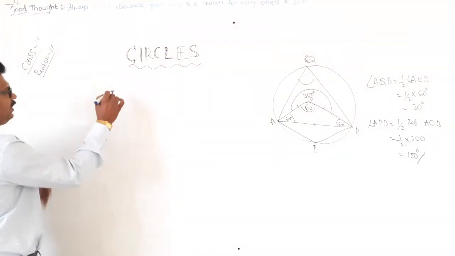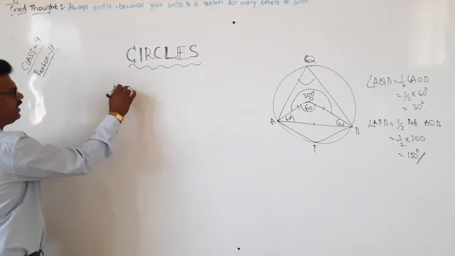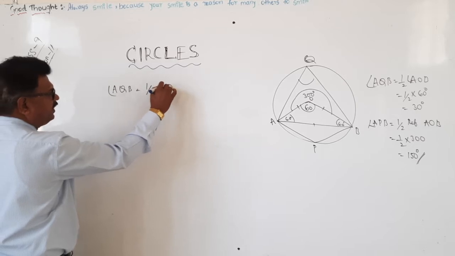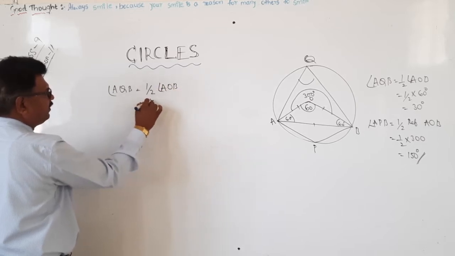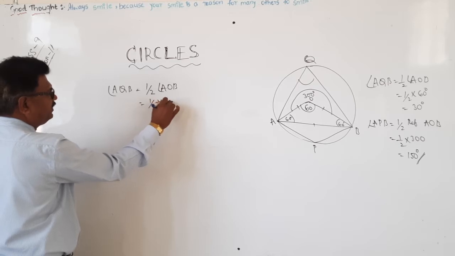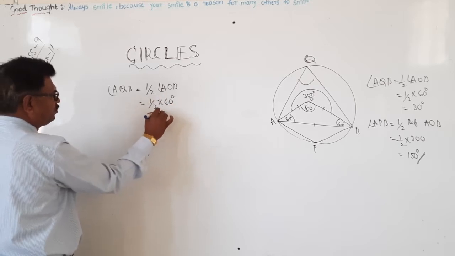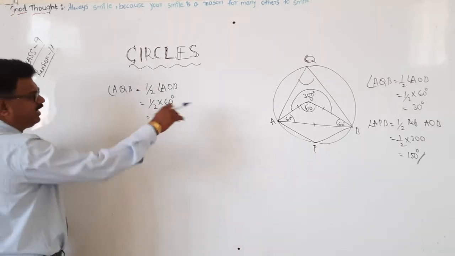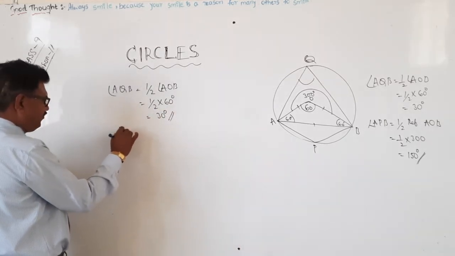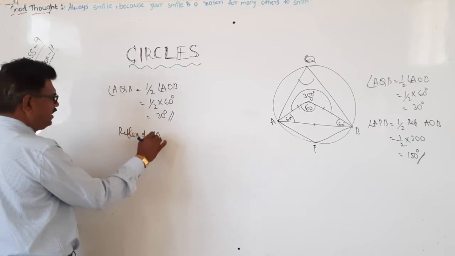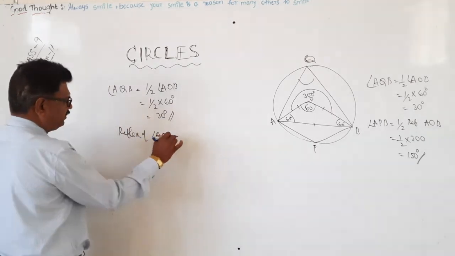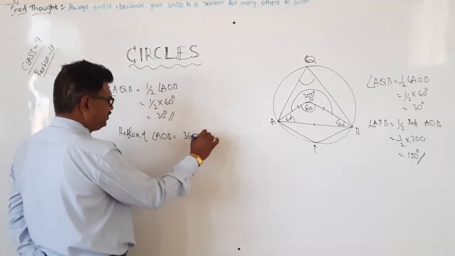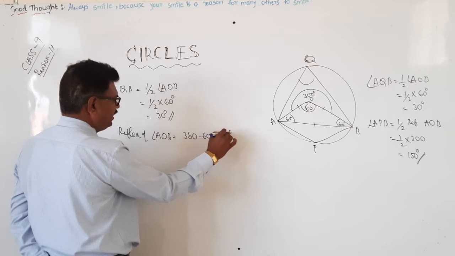Now take angle AQB is equal to half of AOB. It is nothing but half into 60 degrees, which is equal to 30 degrees. Did you understand? Now similarly, reflex of angle AOB is equal to 360 minus 60, which is equal to 300 degrees.